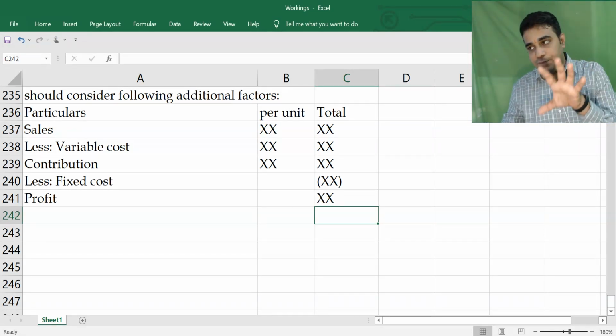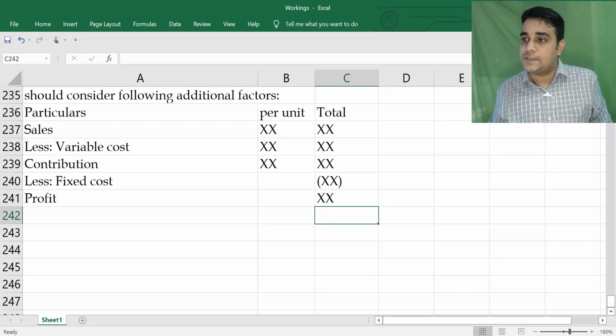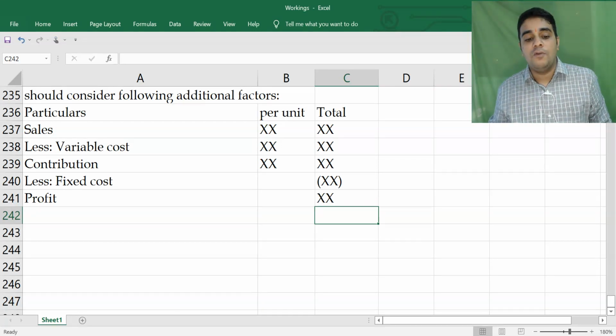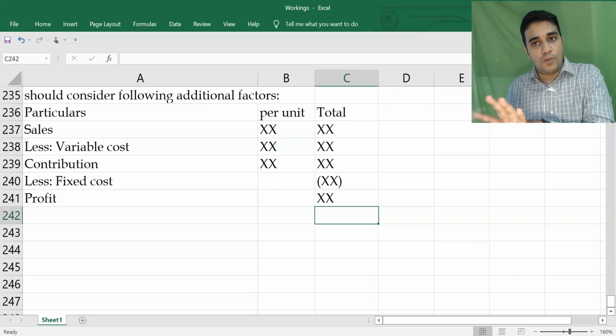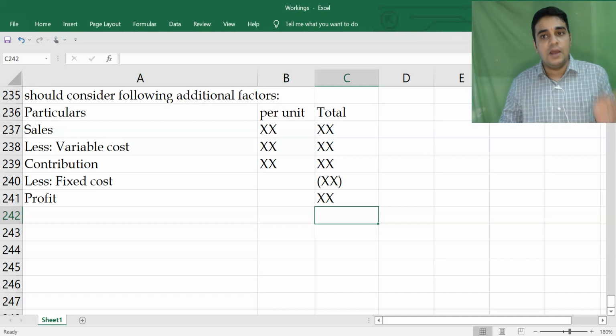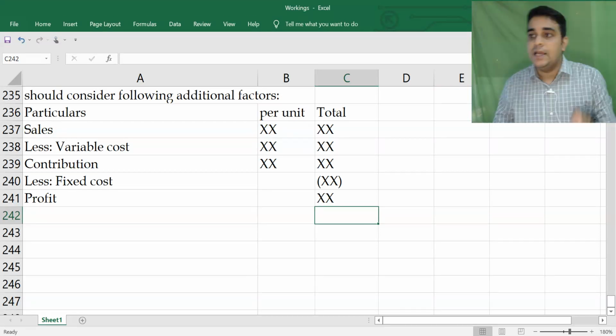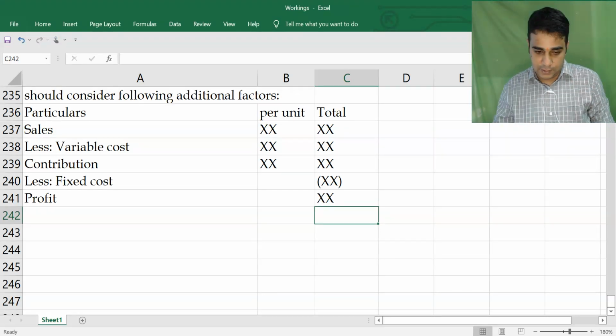And if the question says fixed cost increases, that needs to be applied on total fixed cost. If you apply it on per unit, you will end up again making a mistake. So variable cost per unit change, total fixed cost overall change. Any change in variable cost represents a change in variable cost per unit. Any change in fixed cost represents a change in total fixed cost.